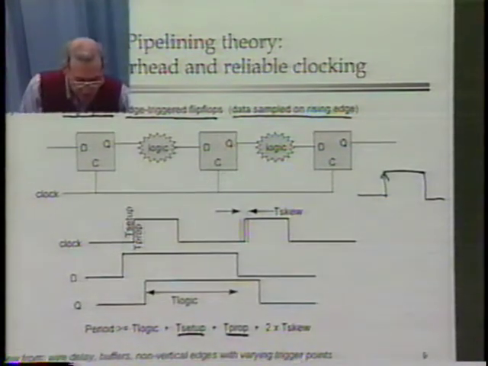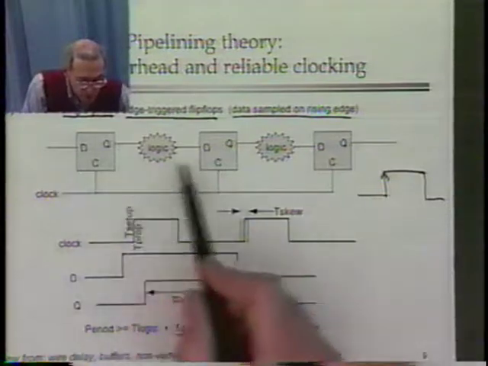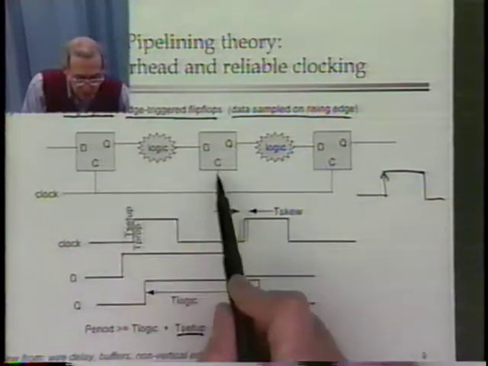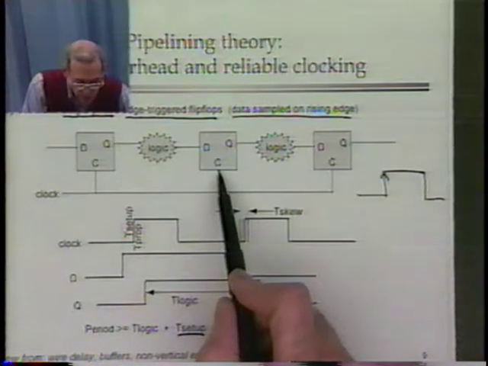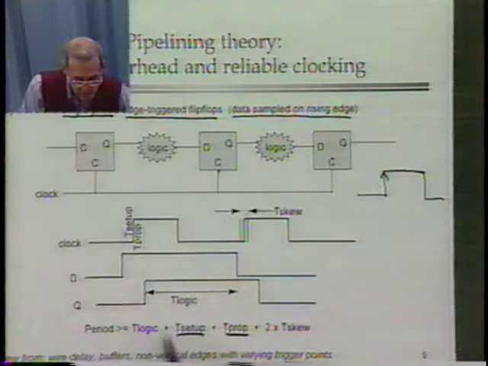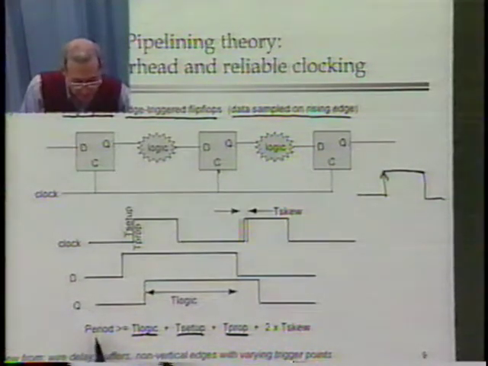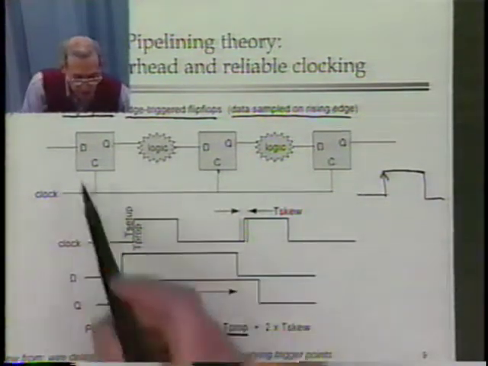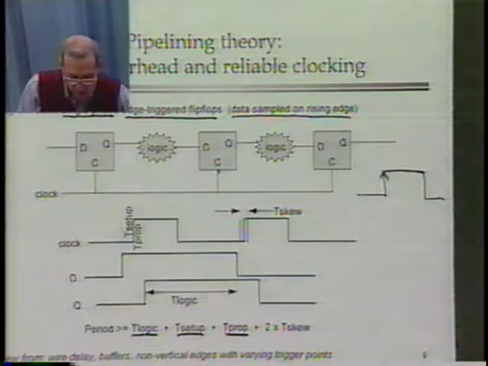So that's another factor we have to add. And then, remember the clocks are the same on all flip-flops, before the clock at the next stage can rise, we've got to be able to get through all of the combinatorial logic. So that's T-logic. So the period has to be at least bigger than the sum of the delay through our combinatorial logic, the setup time for the flip-flop, and the propagation time through the flip-flop.